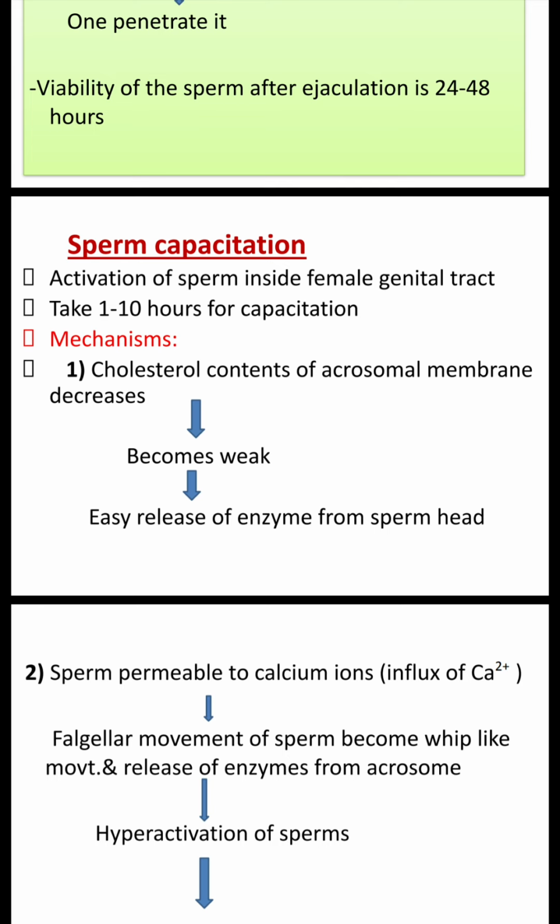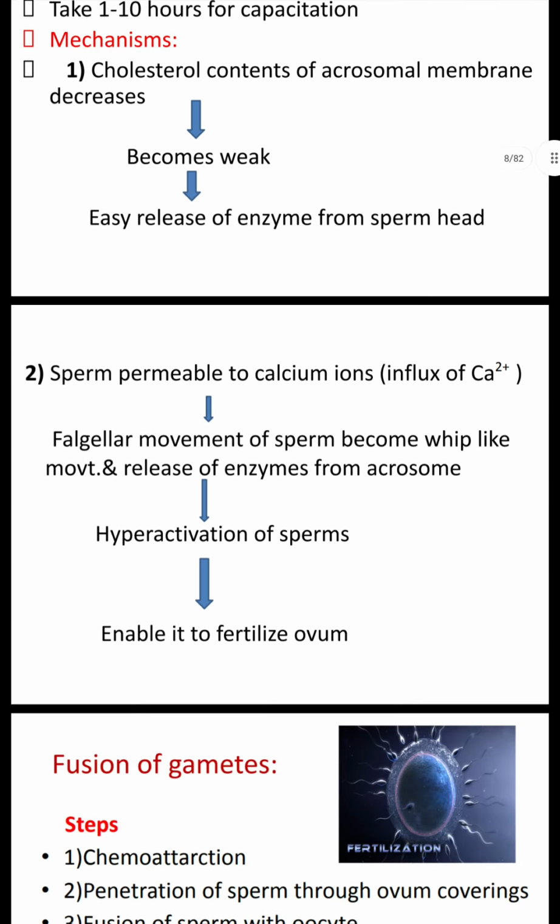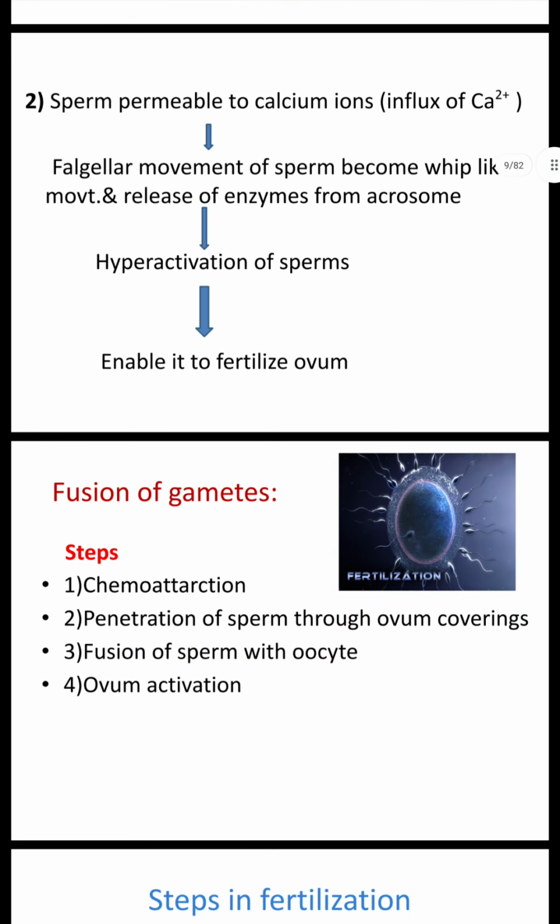So there is easy release of enzymes from the sperm's head, and the sperm becomes permeable to calcium ions. So calcium influx will occur, the flagellar movement of the sperm becomes whip-like, and enzymes are released from the acrosome. That is, there is hyperactivation of the sperm, and this enables it to fertilize the ovum.